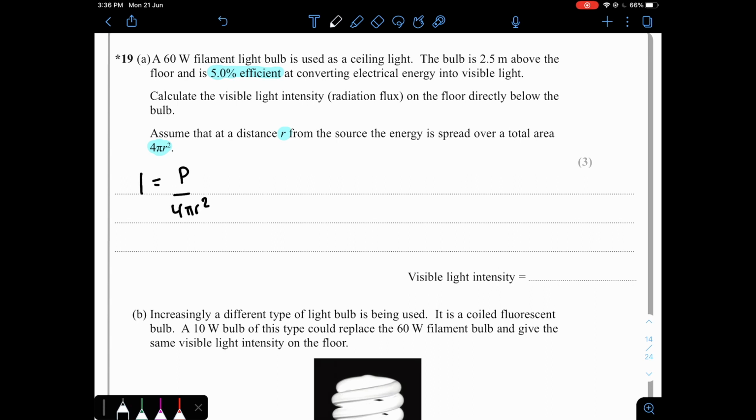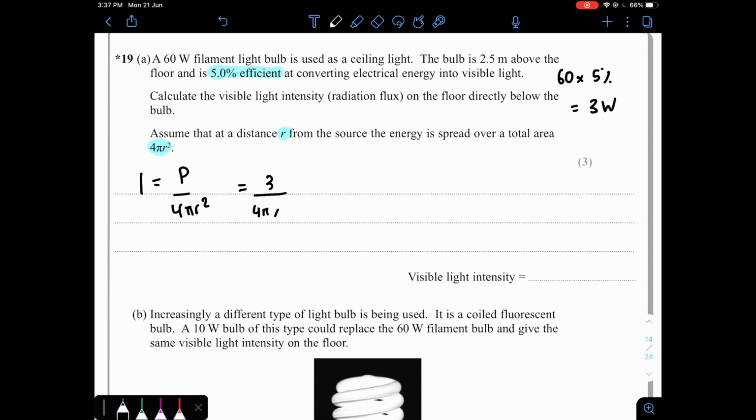So now what? The bulb is only 5% efficient, so we do 60 times 5%, which is 3 watts. So our intensity is 3 divided by 4 pi r squared, and r is 2.5.